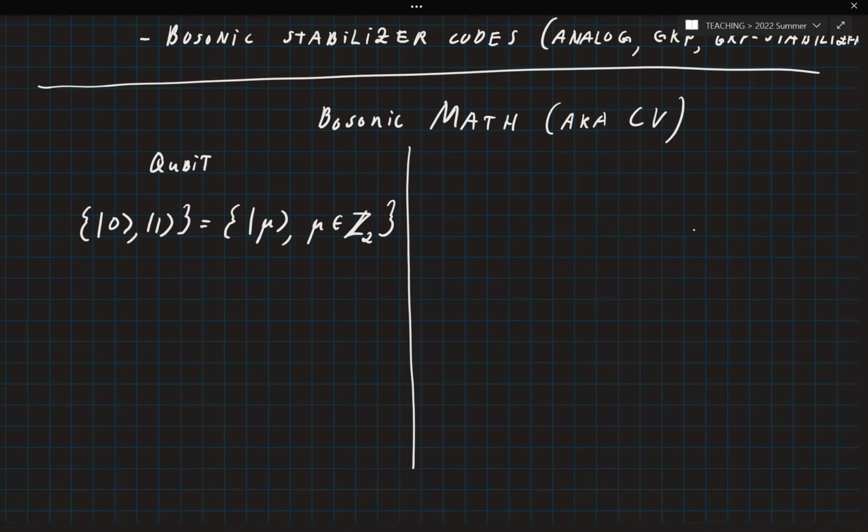Now, translating to the continuous variable setting, the only basis we're going to use for all of today is an analogous continuous version of this Z2 basis, namely the basis that's labeled by points on the real number line.